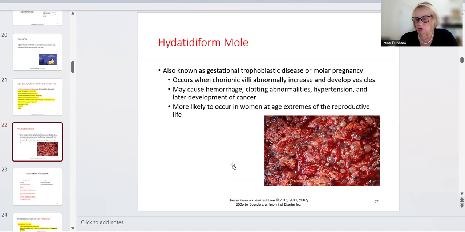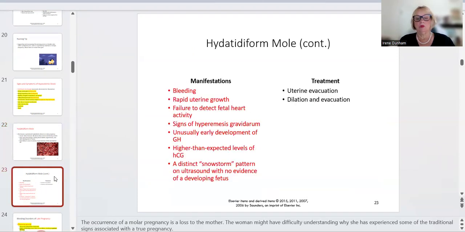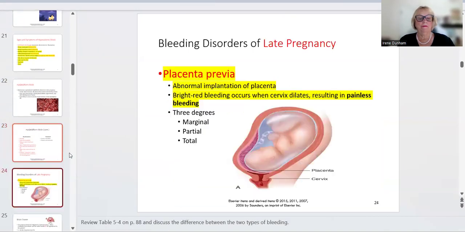It's much larger. So say she's supposed to be 10 weeks, she comes in and you lay her on the table to do an ultrasound and she's looking like she's 20 weeks. She has a very large uterus because again, this just keeps dividing and multiplying. Okay, so that's a molar pregnancy.